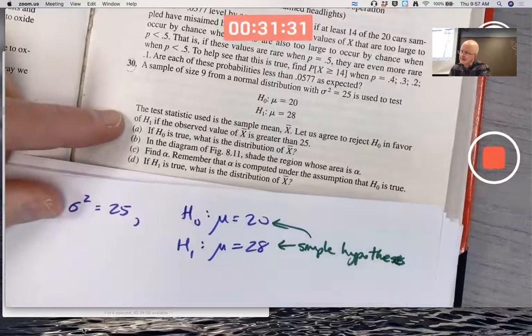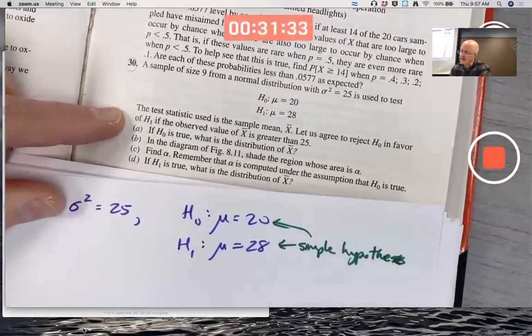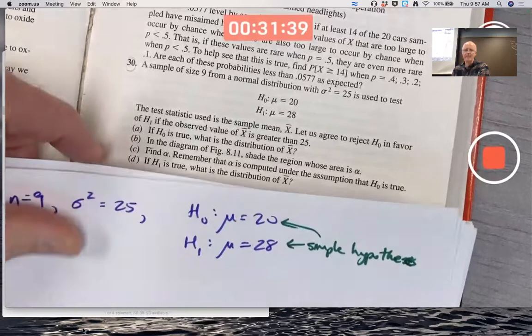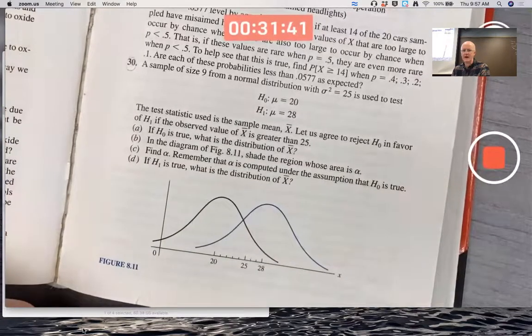The test statistic uses sample mean x bar. We're agreeing to reject the null in favor of the alternative if x bar is greater than 25. Okay, and there's the picture here. Let's go ahead and redraw that picture.